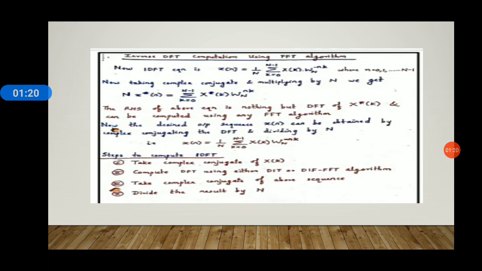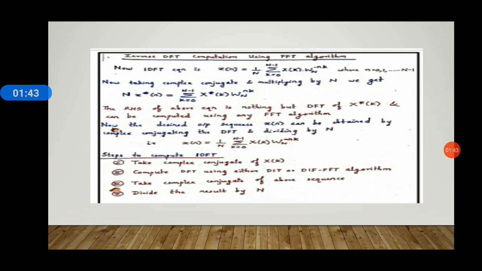Now, if we multiply both the sides with capital N, what we get is N x[n] equal to summation k going from 0 to N minus 1 of X[k] W_N to the power minus nk, where n goes from 0 to N minus 1.